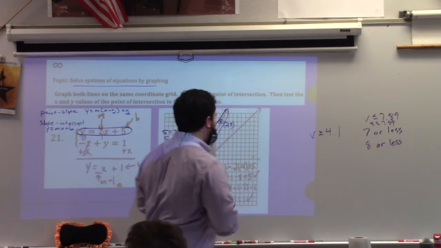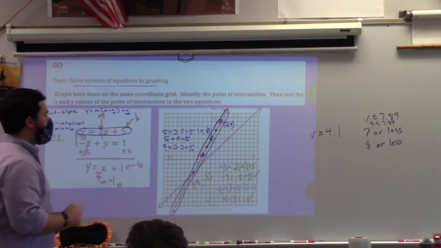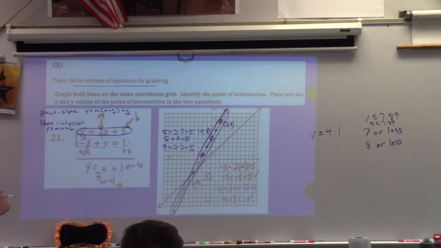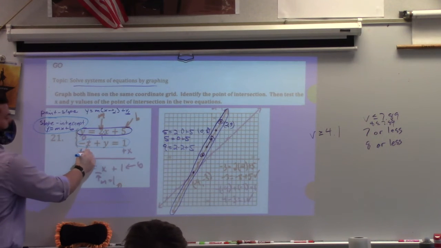So now I want you to notice this. Well, first off, is this easy to graph as it is? No. You can do it, but it's not easy because it's not in slope intercept. Point slope is useful, but slope intercept is the easiest. I want you to notice what is on its own when you have slope intercept. Y. So notice what I did.